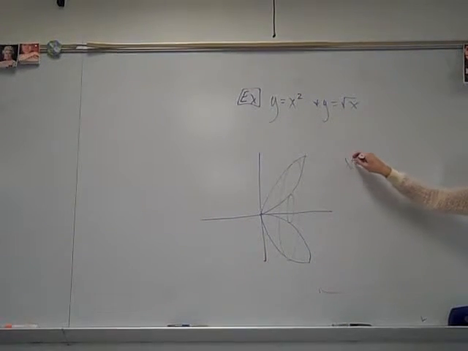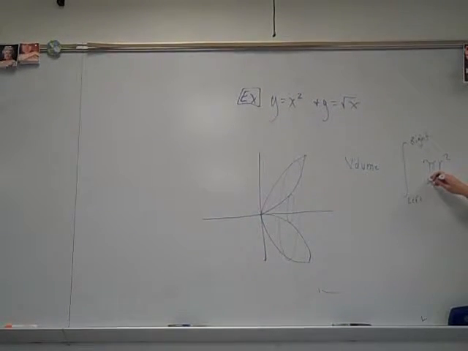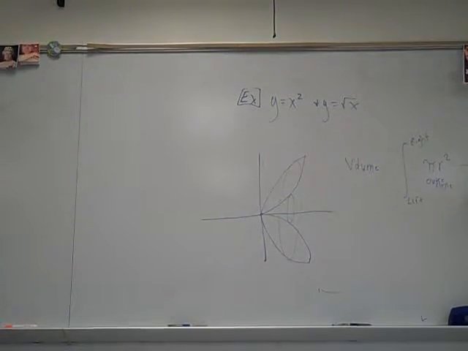To find the volume of this thing, here's what you've got to do. We've got to integrate from left to right: pi times the radius squared of the outer circle minus pi times the radius squared of the inner circle.